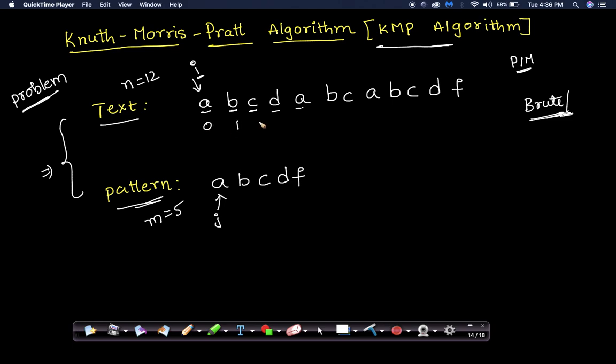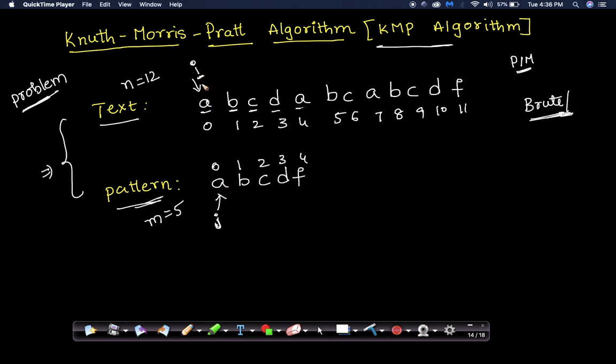These are the indices of this string: 0, 1, 2, 3, 4, 5, 6, 7, 8, 9, 10 and 11. Then I'm going to start the indices of J from 0: 0, 1, 2, 3 and 4. My I is at the 0th index and J is at the 0th index.